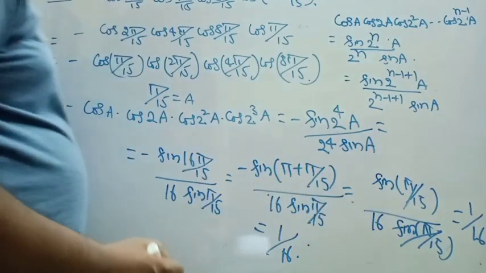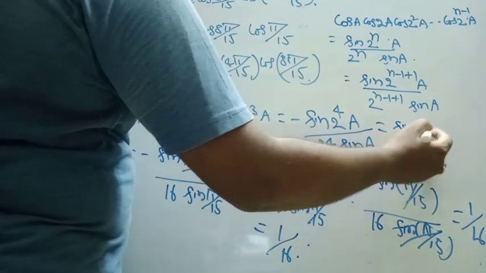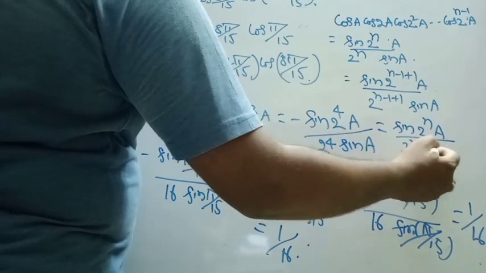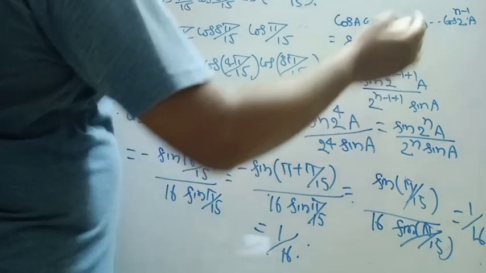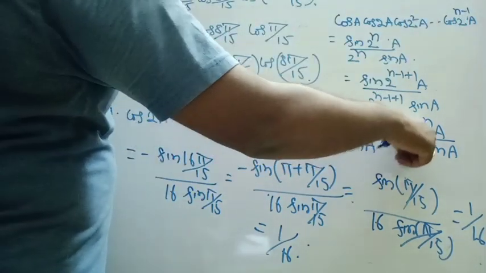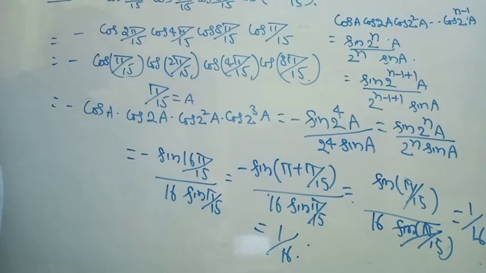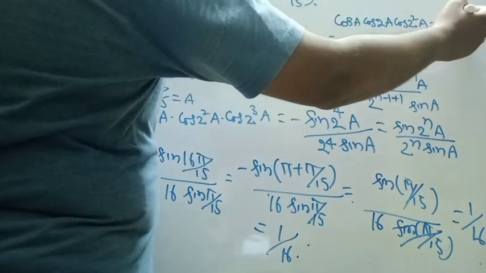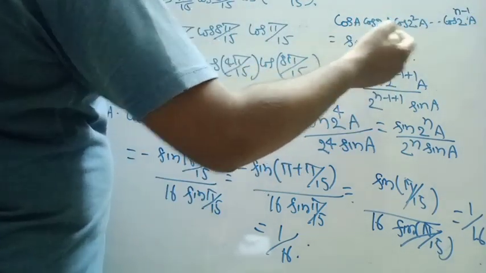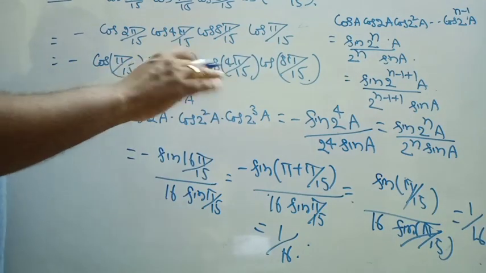And this is equal to sin 2 power n A by 2 power n into sin A. If you have n minus 1, you will get sin 2 power n A by 2 power n into sin A, whereas if you have n, then we will have sin 2 power n plus 1 A by 2 power n plus 1 sin A. That's the only thing.